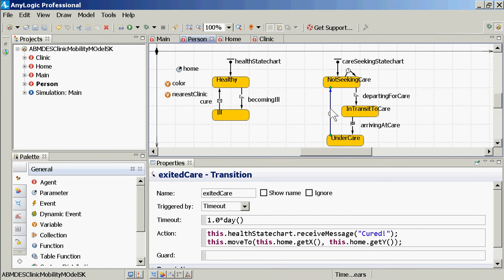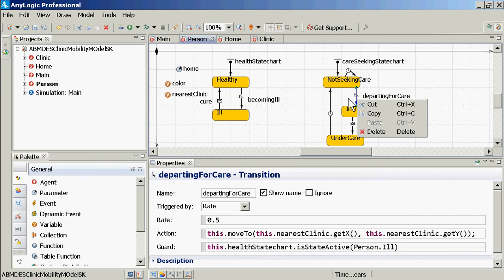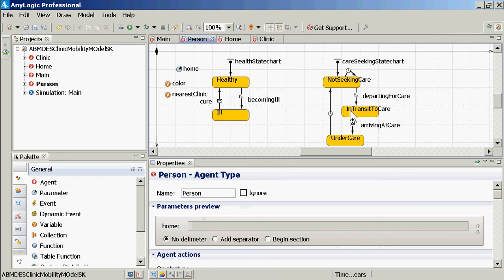Right. So this state is filled with people, some of whom are ill, some of whom are healthy. Of those, only ill people depart for care, as depicted here. They leave for care. They're in transit for some time. They arrive at care. They spend time under care.